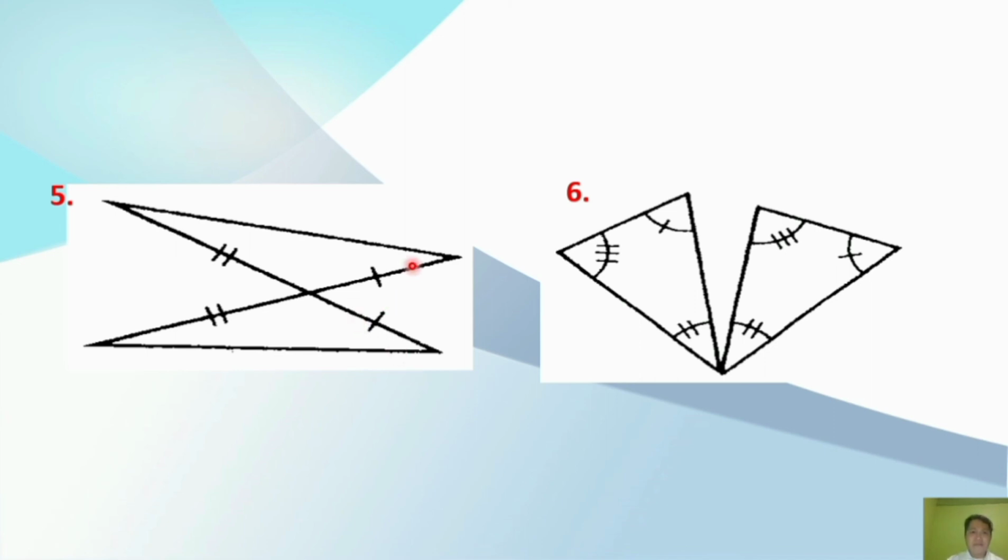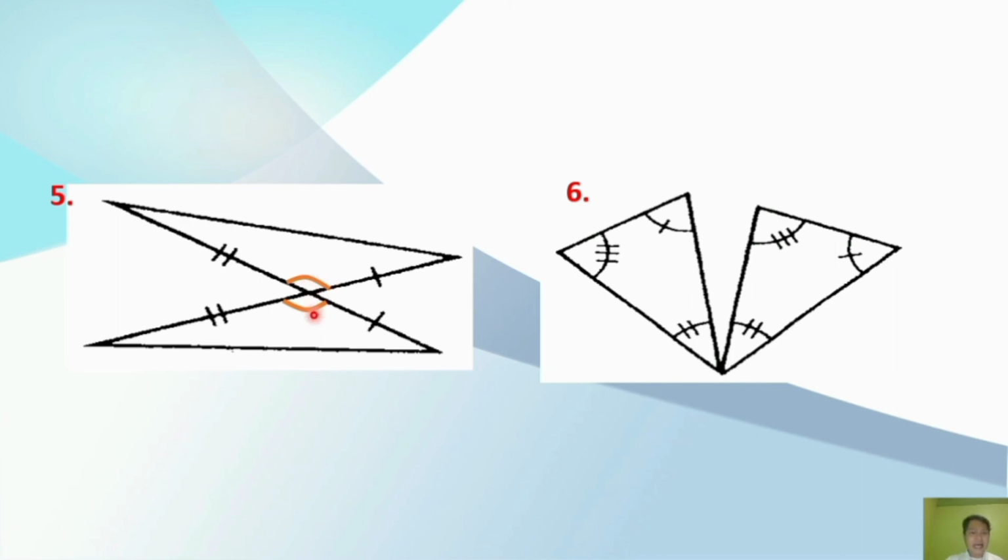For number 5, just like in number 4, there are only two pairs of corresponding parts that are marked congruent. But, obviously, these angles here should also be marked congruent because they are vertical angles.